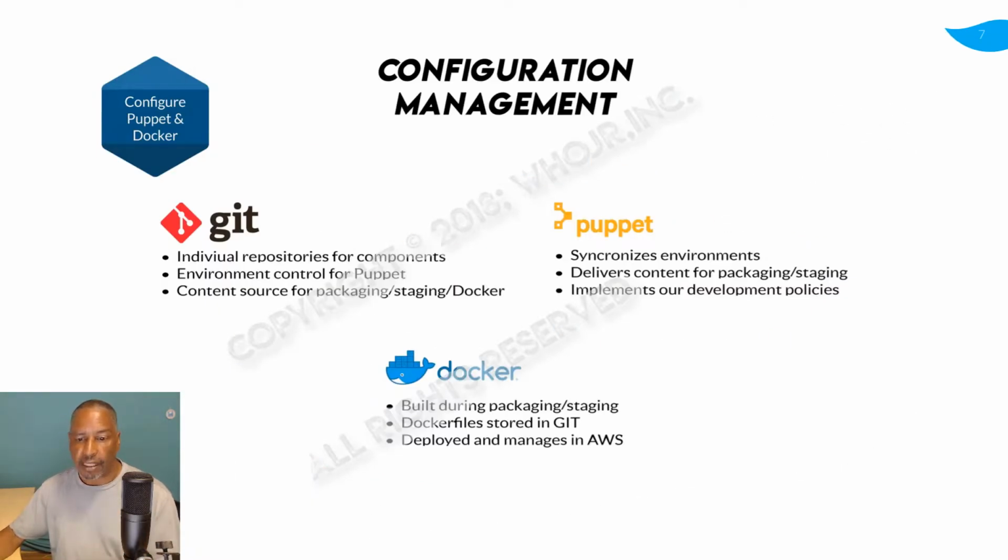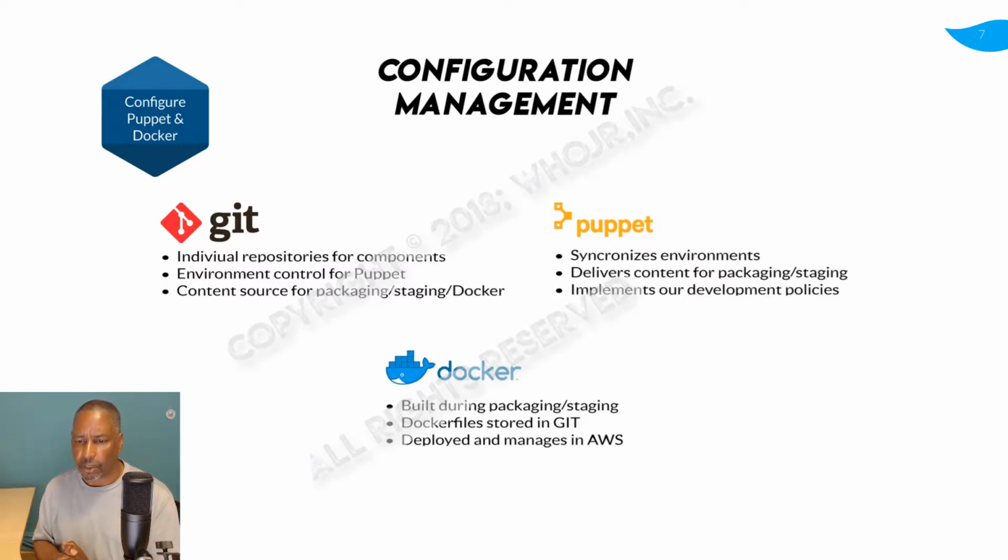We'll be using Git for individual repository components throughout our build infrastructure. And when I say build infrastructure in this case, I'm simply talking about the DevOps infrastructure: the Kwise, the frameworks, the logs, the statistics, things of that nature.